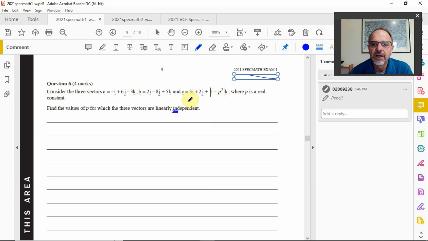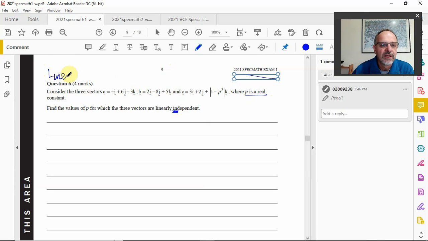So the strategy that we're going to use is we're going to look for when they are linearly dependent, the p for that, and then for independent it would be all the others, given that p is a real constant.